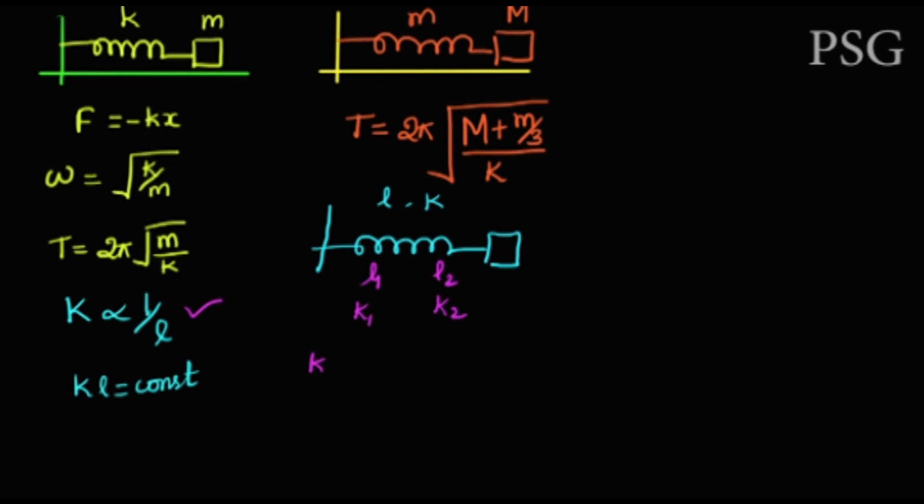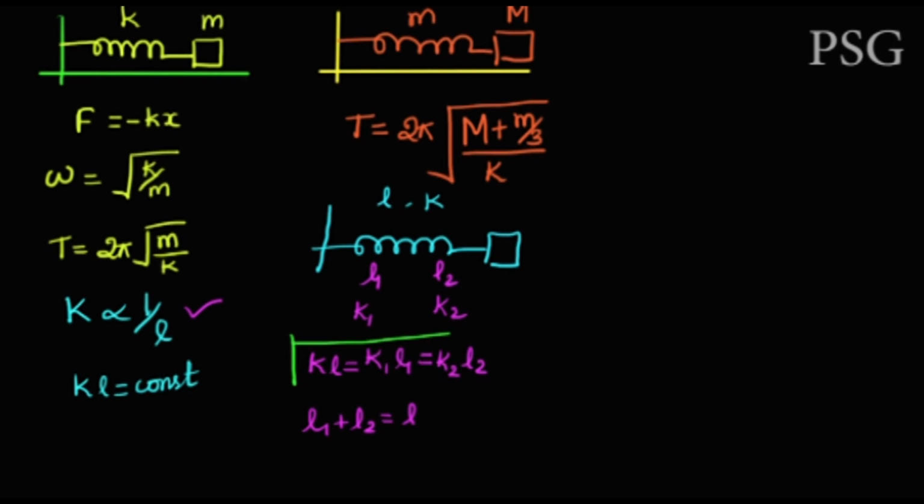I can write KL equals K1 into L1. Since length is decreased, its spring constant value is increased. That is equal to K2 into L2. From this relationship, L1 plus L2 is equal to the initial length of the spring, that is L. So the values of spring constants K1 and K2 can be calculated.